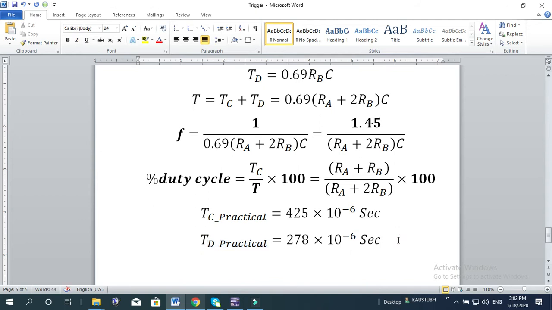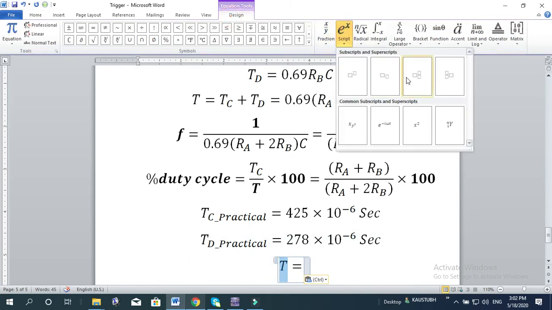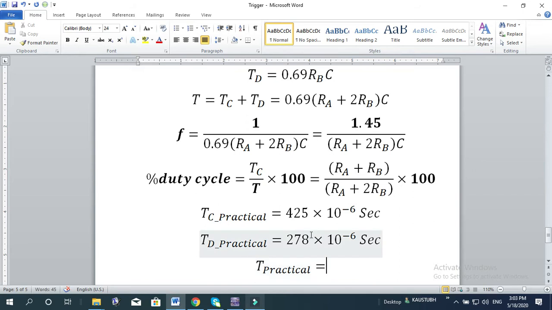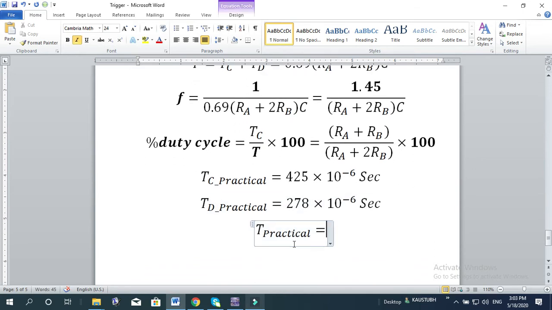Now total time. So this total time practical, it will be this one plus this one.